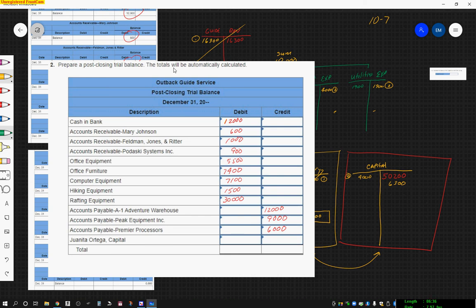Well, that's 56,300 minus, let's say, 50,200 plus 6,300 minus the 4,000 gives us a capital balance of $52,500. And that is the number that's going to go right onto the post-closing trial balance.